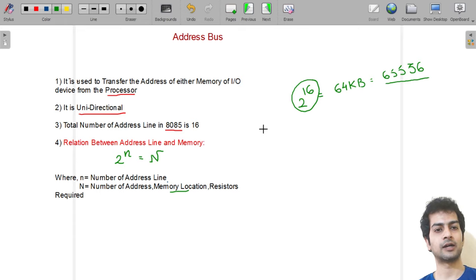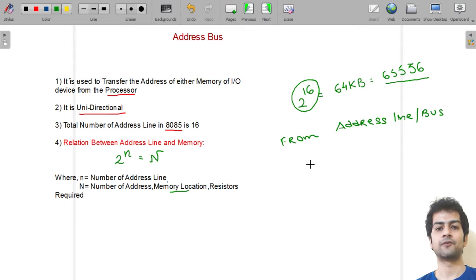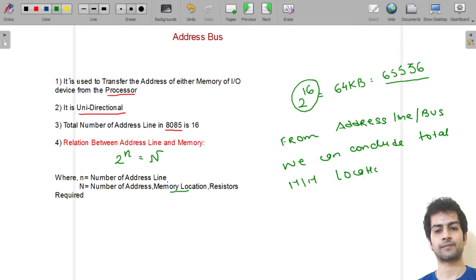So we can conclude one thing: from the address lines or address bus, we can conclude the total memory locations available or connected with the processor.